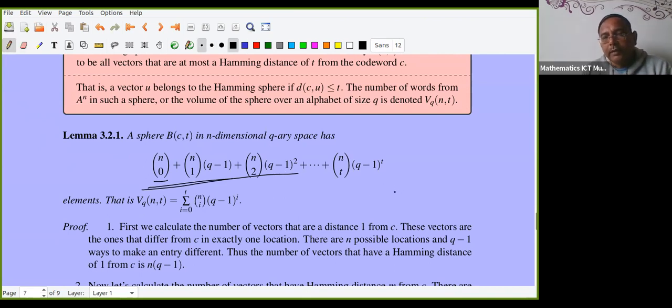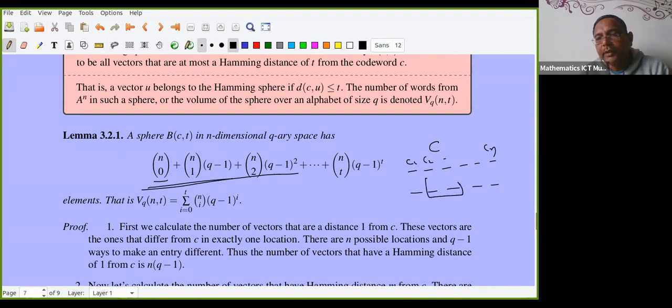I have a code word C, and it has positions C1, C2, and so on, up to Cn. How many vectors are at a distance 2 from this? First, I have to choose two places among these, that is n choose 2 ways.